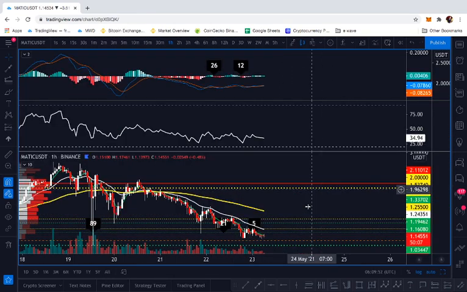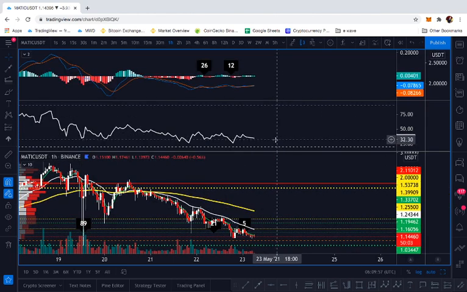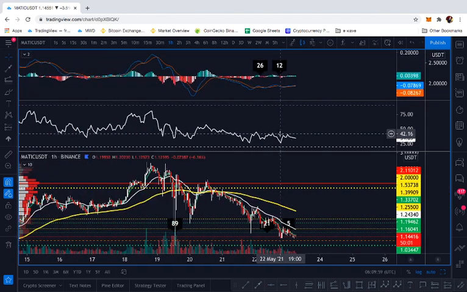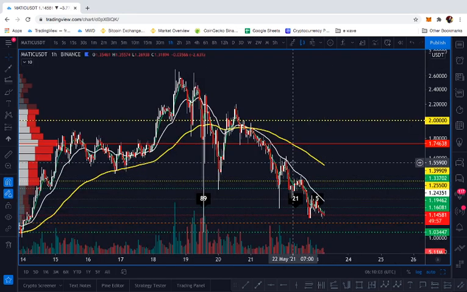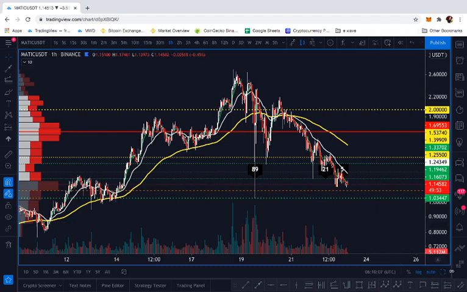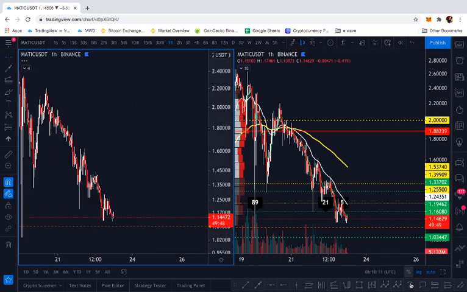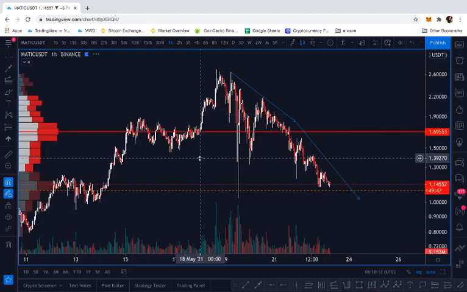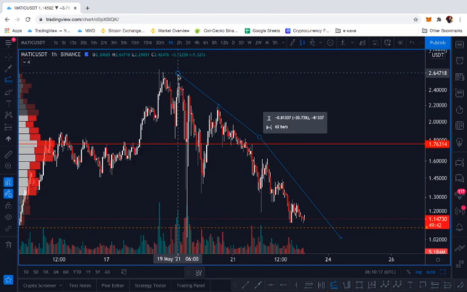I'm looking for some divergences here a little bit, just out of habit, to look at the right indicators, and also the Fibonacci. If we go back to the 1-hour chart, I think I have an extension here.